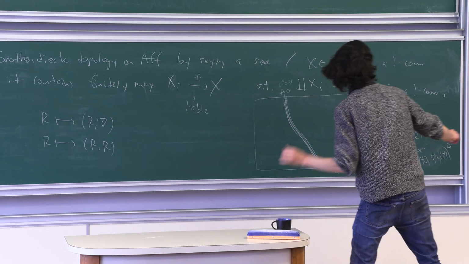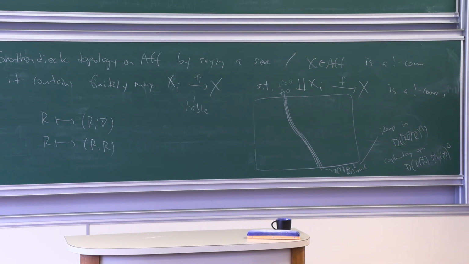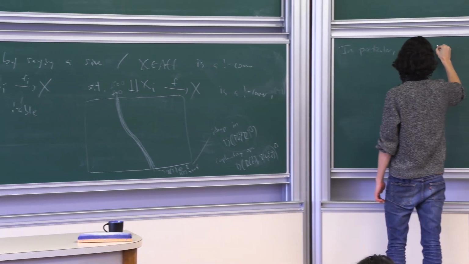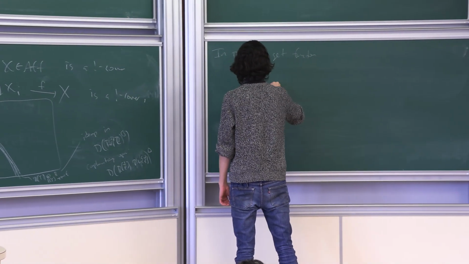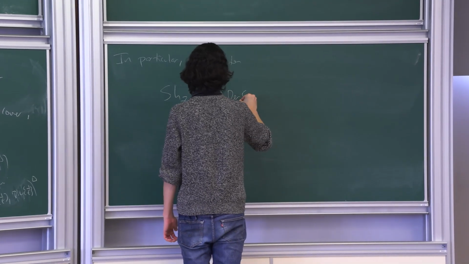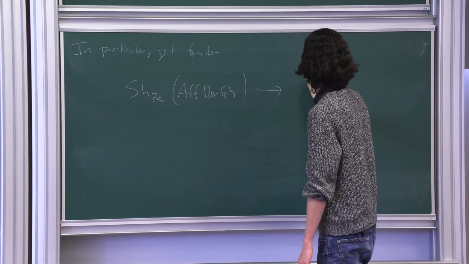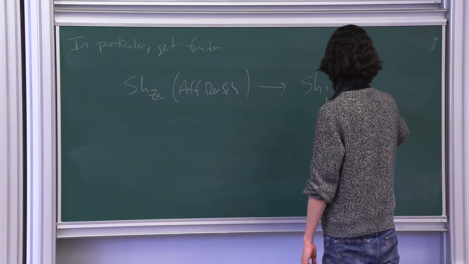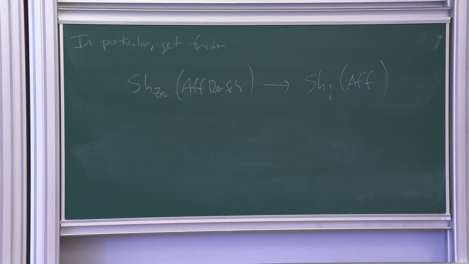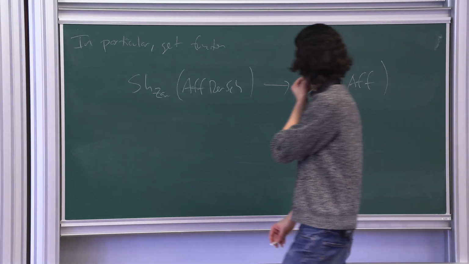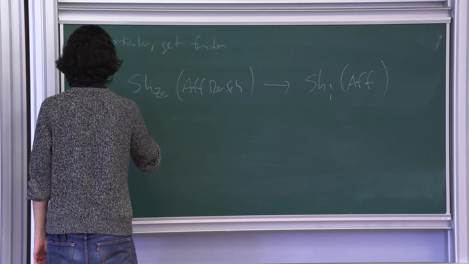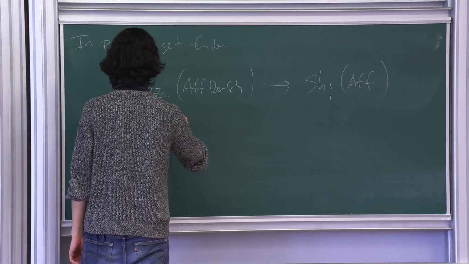So in particular, we get a functor from Zariski sheaves on affine derived schemes to analytic sheaves on F, which is in fact a pullback of topoi.